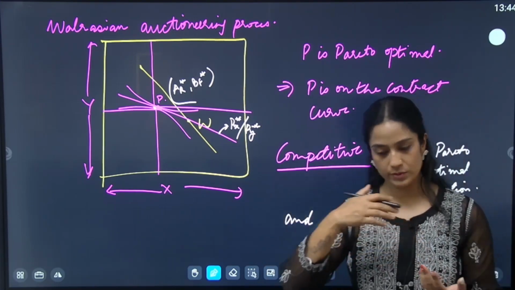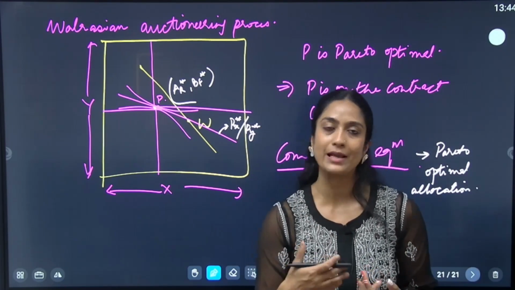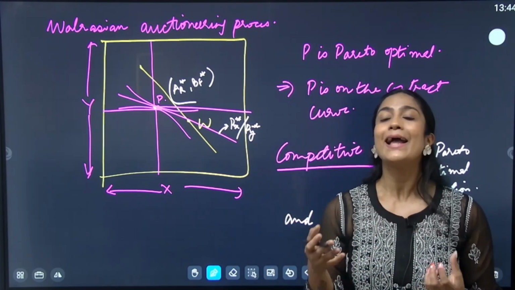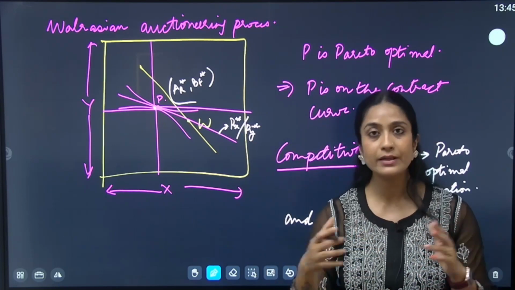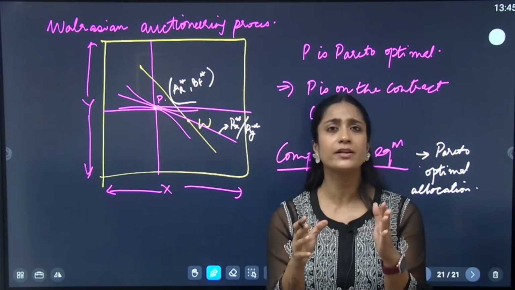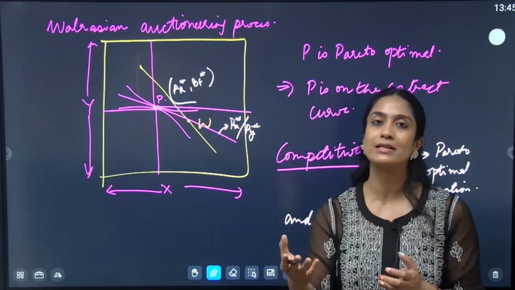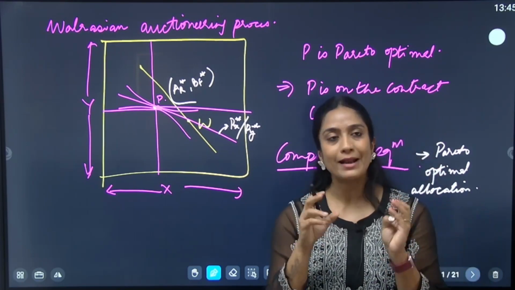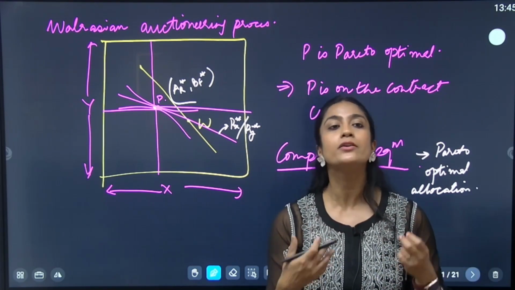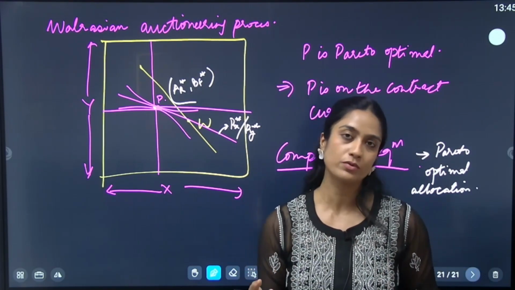Suppose you start at a given price ratio between two goods, and then depending upon what the utilities are, the price ratio gives the value that the market places on those two goods, right? But the value of the good is also determined by the utility that people derive out of those goods, right?